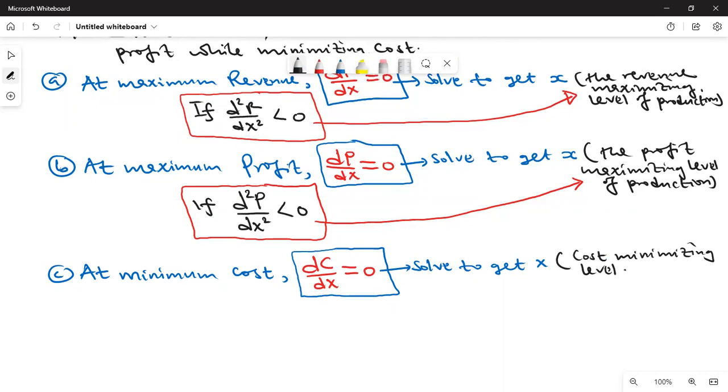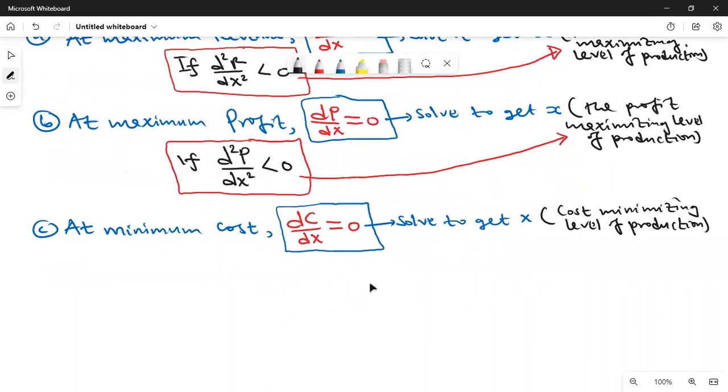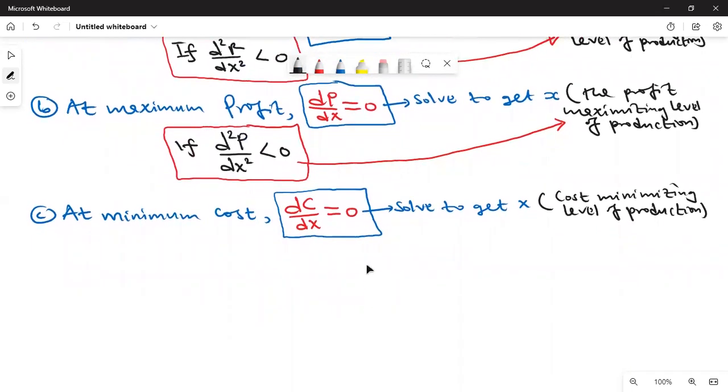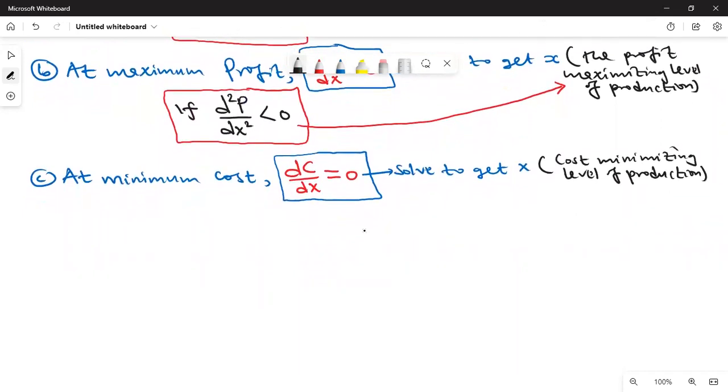And you must also use the second derivative test to know whether truly the value of x that you have found will give you the minimum cost.